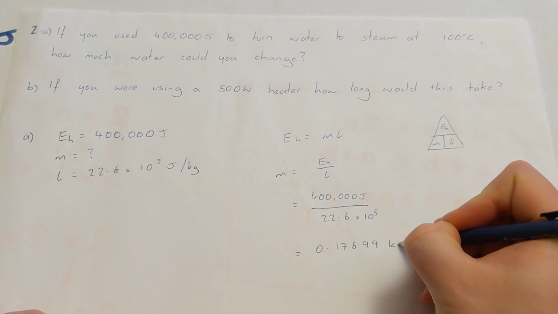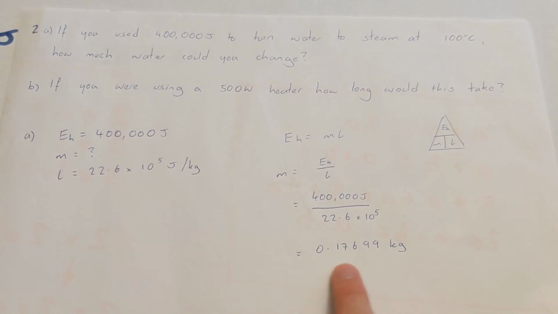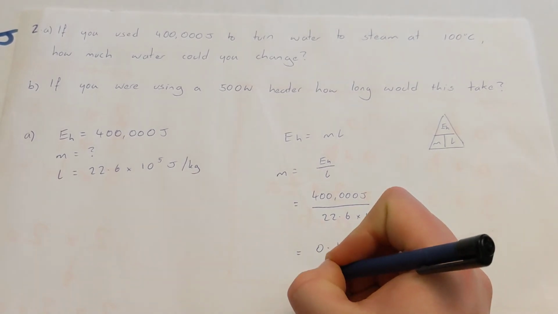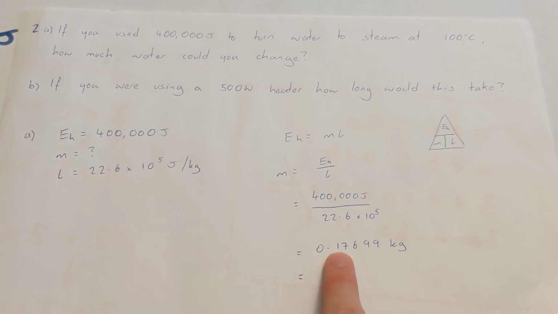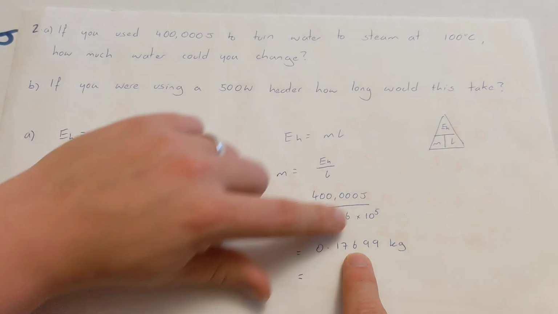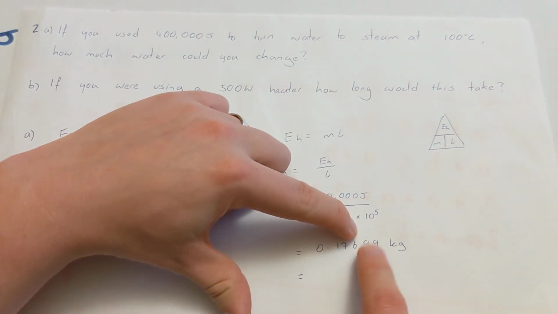0.17699 kilograms. Okay, so we're looking at less than a kilogram there. But again, it's a bit too many digits. We want 3 significant figures. So the first 0 doesn't count. We start counting from the first non-zero number. So that's 1, 2, 3. The third significant figure is a 6. We look to the number next to it. Since that's higher than 5, it means the 6 is going to pop up.